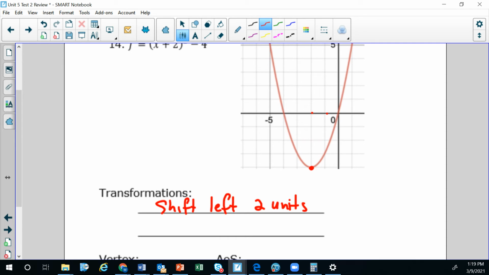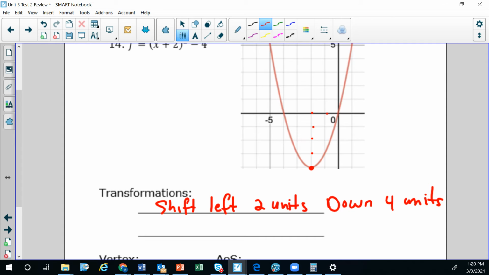And then it went down 1, 2, 3, 4, down 4 units. Okay, so shift left 2 units and down 4 units.